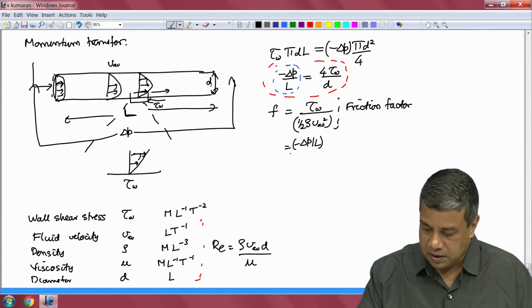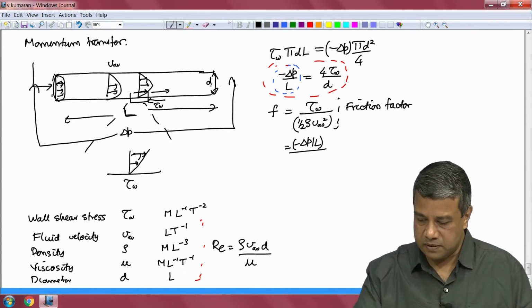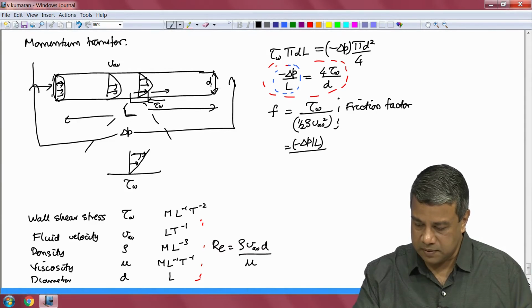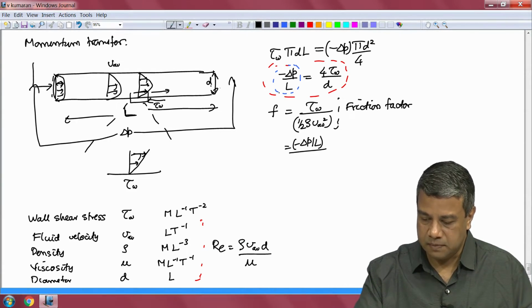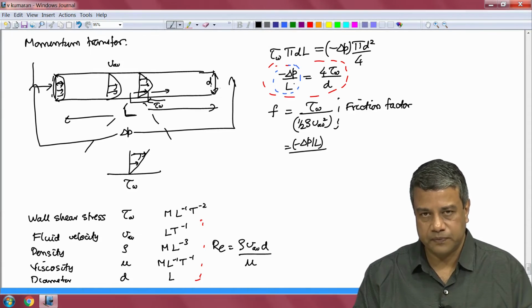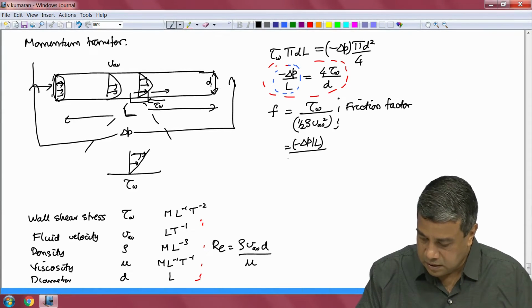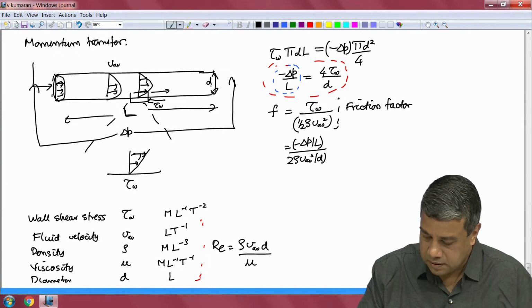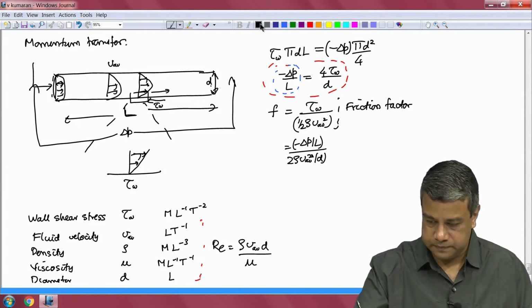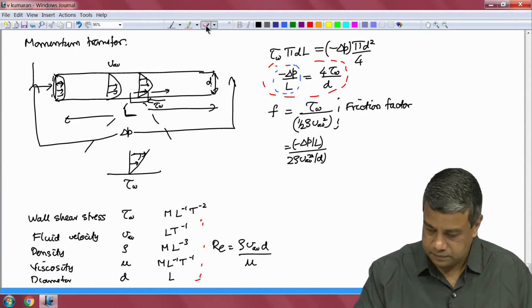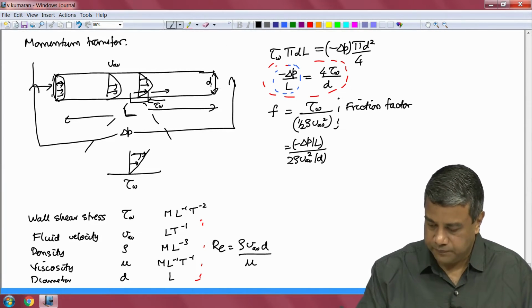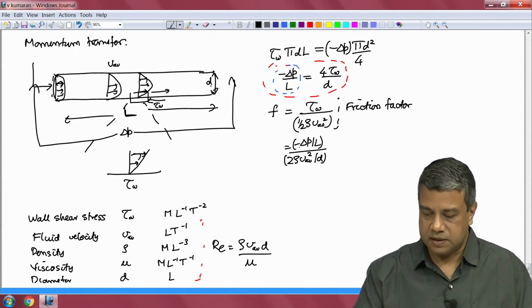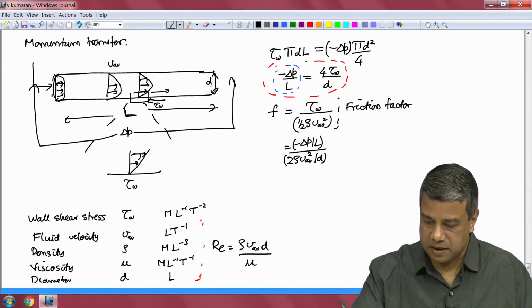You can easily see that if I substitute tau w equal to d by 4 into delta p by L, I will get 2 rho V average square by d. That is just rewriting the friction factor using this momentum balance condition.